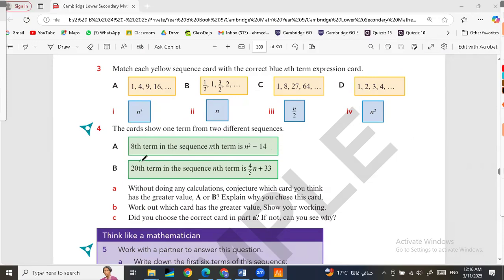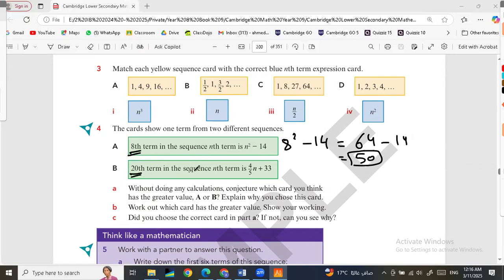So what is the eighth term going to be? I'm going to remove the n and write 8. So it's going to be 8 squared minus 14, which is 64 minus 14, which is 50. So this is the eighth term.